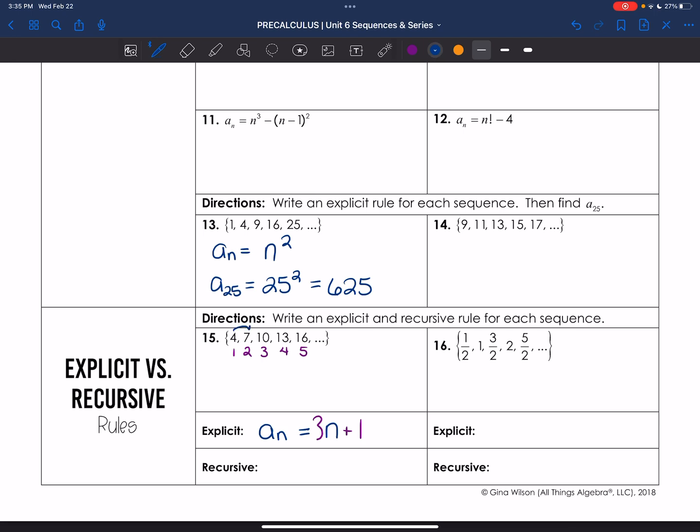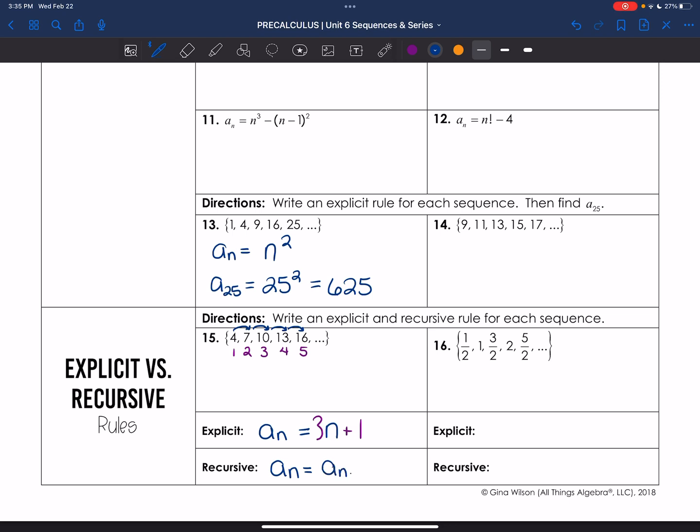Now recursive is based on the previous. What do we do each time here? What's happening each time there as we look from one to the next, to the next, to the next? Ah, yes, you are right. I'm sure you see it, right? You're just adding 3 each time. These are nice.